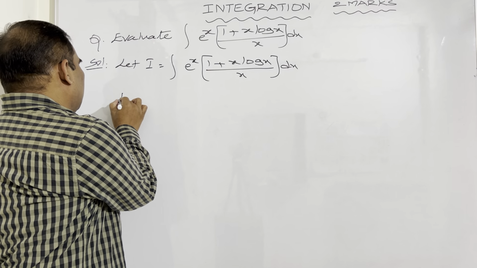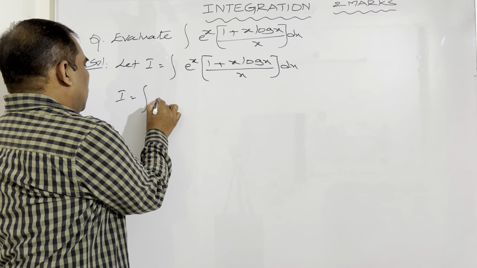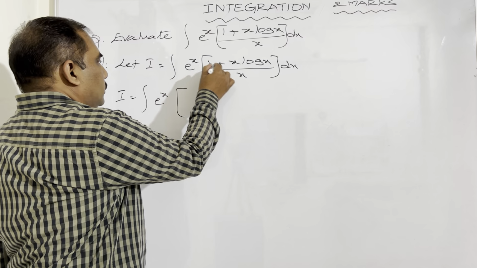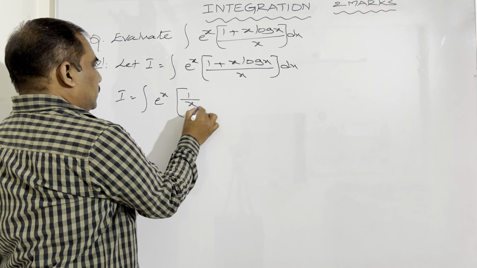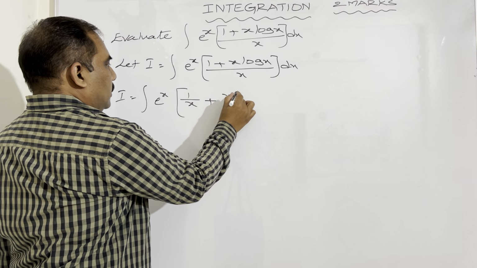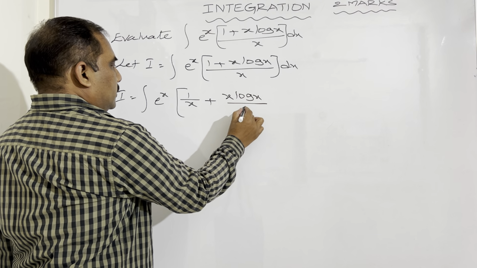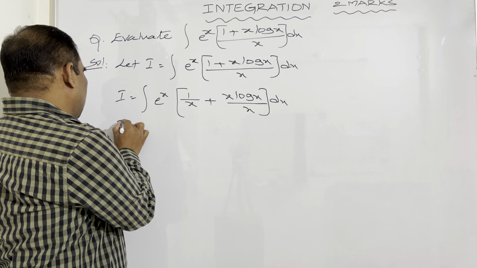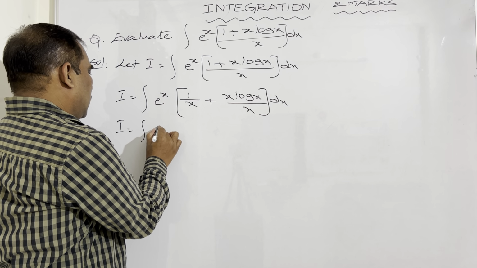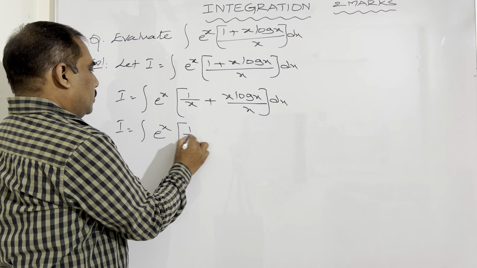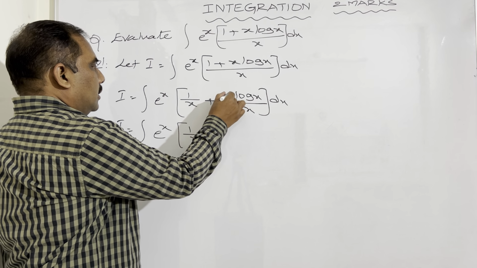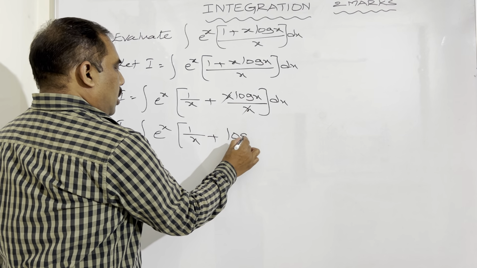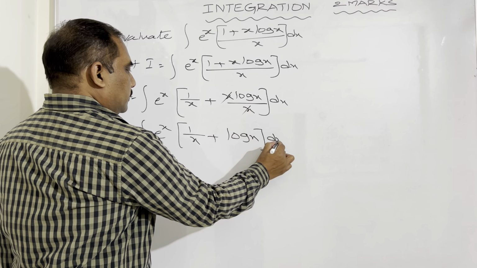Now split this for both the values: I = integral of e^x (1/x + x log x/x) dx. In the numerator and denominator x gets cancelled, so I = integral of e^x (1/x + log x) dx.